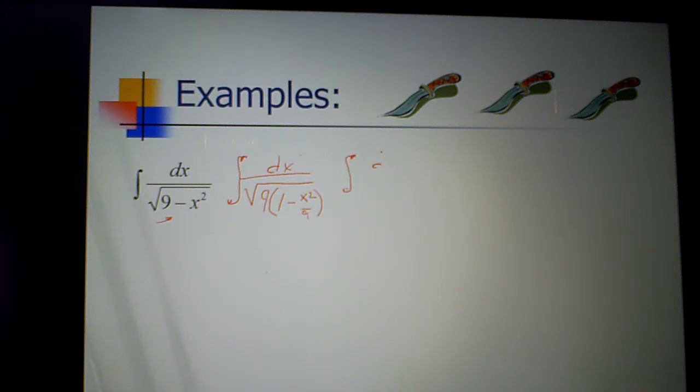times 3 times 1 minus, and then I'm going to do some more rewriting and say x squared over 9 can be written that way. When I see it this way, I realize, yes, I think I can fit this into my inverse sine formula, and I'm going to make this my u.